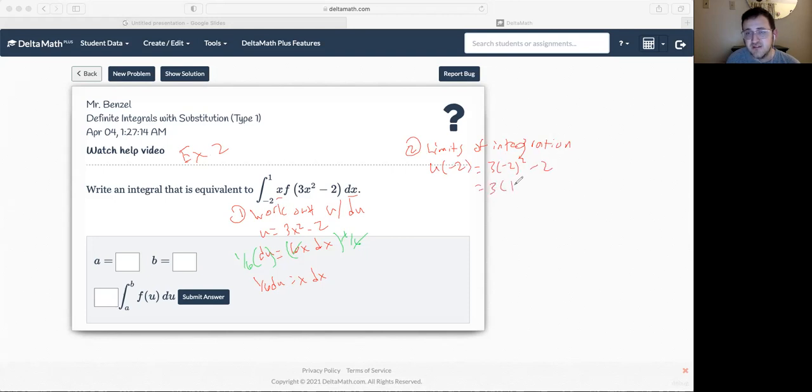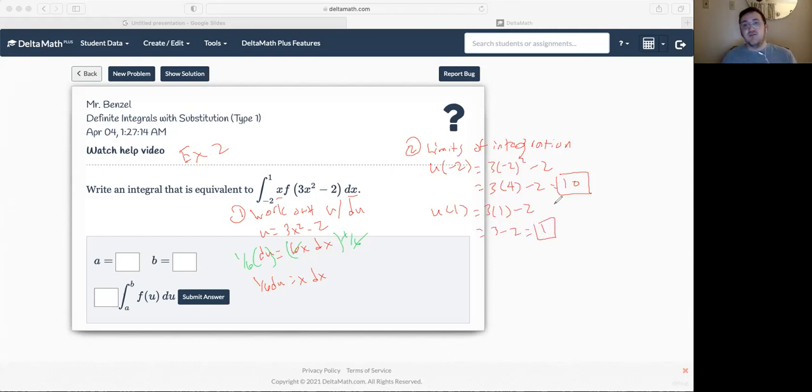It's 3 times 4 minus 2. So that's 12 minus 2, which is 10. And then I'm going to do u of 1. So that's 3 times 1 minus 2, which is 3 minus 2, which is just 1.